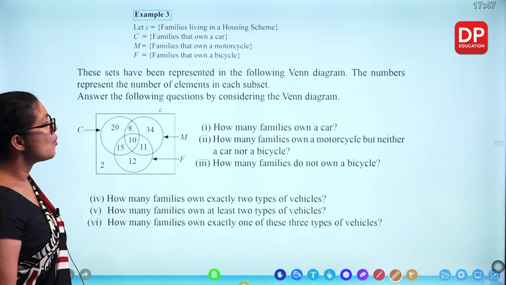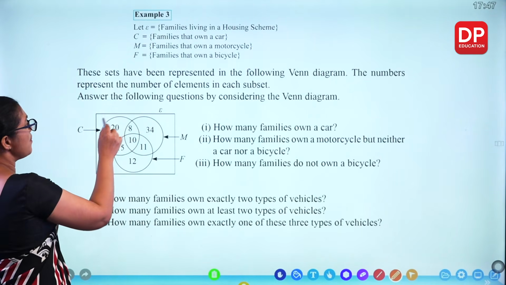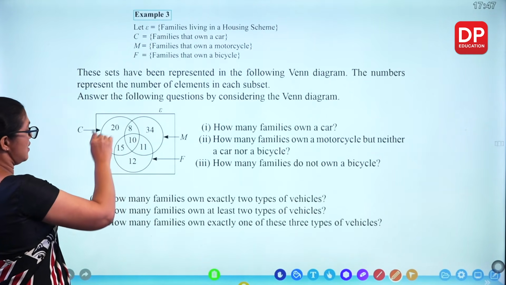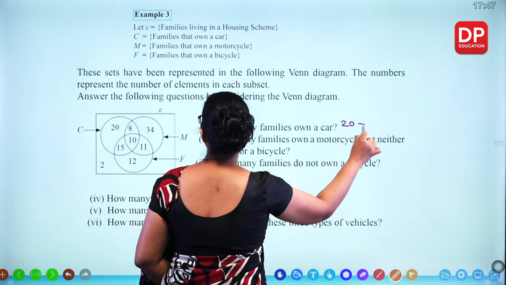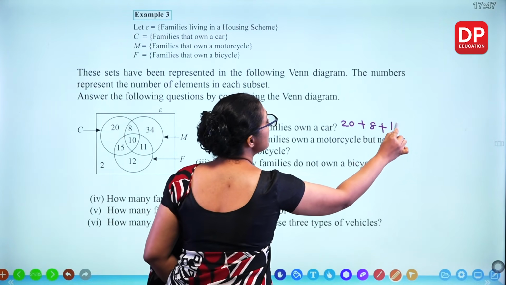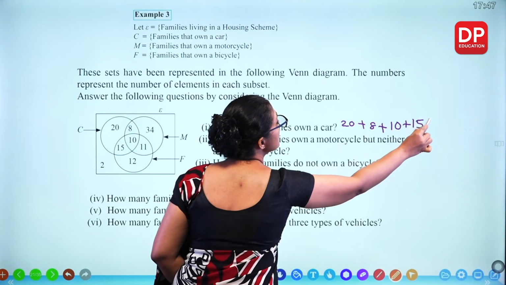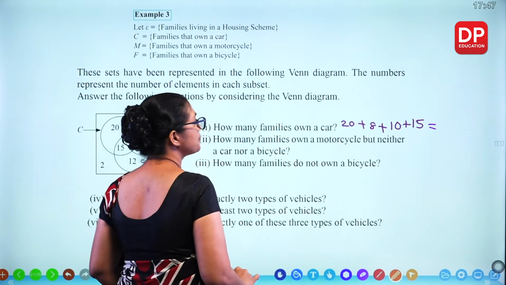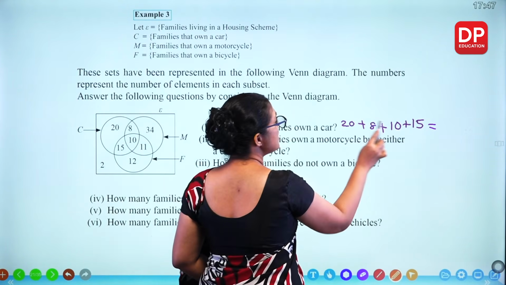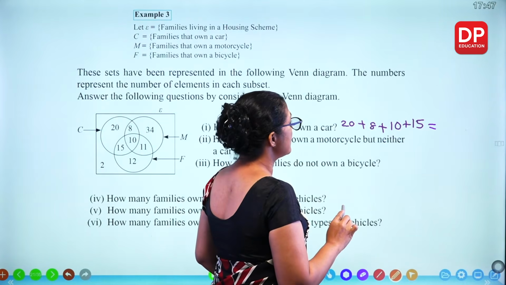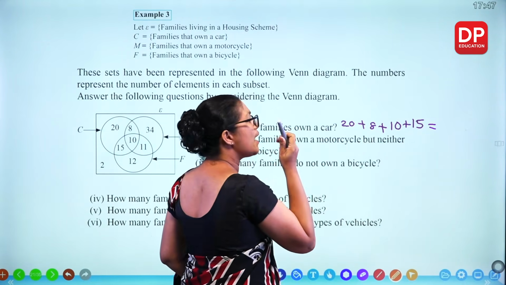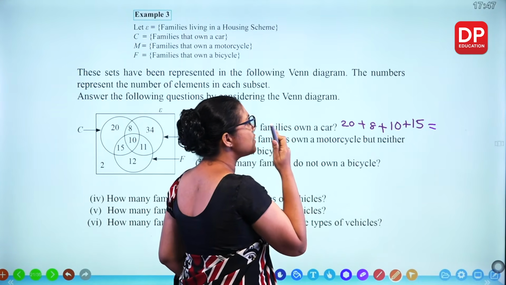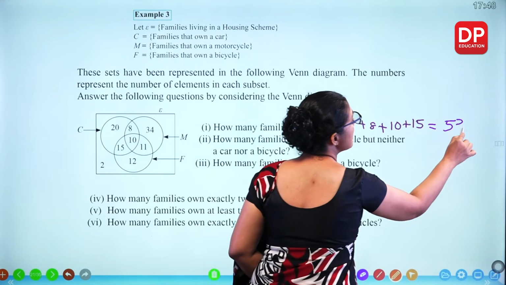How many families own a car? So car means this whole circle. So we have to add 20, 8, 10 and 15. So what's the total? 20 plus 10, 30. 30, 40, 45. 45 plus 5, 50 and 53.